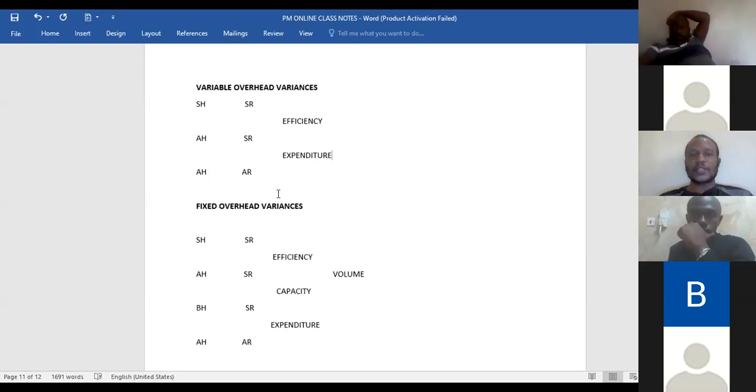So that's that. So the fixed overhead variance is the first time that we're going to make a distinction, or we're going to see how we can adjust our performer to meet whatever requirements we have. So we continue our standard, actual, standard, and we make a slight adjustment to our performer by putting our budgeted standard.